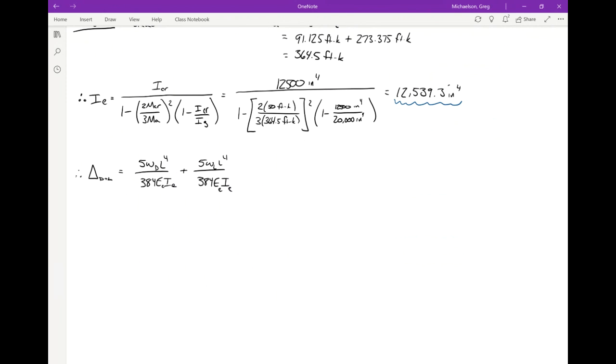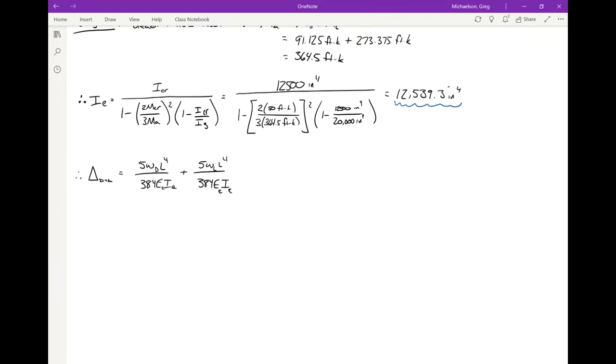First off, the reason we're able to use the same formula is because they're both the same type of load. They're simply supported beams with uniformly distributed loads. If the load is something else, like a point load, then these formulas don't work and you have to find something else. That would be my first point.